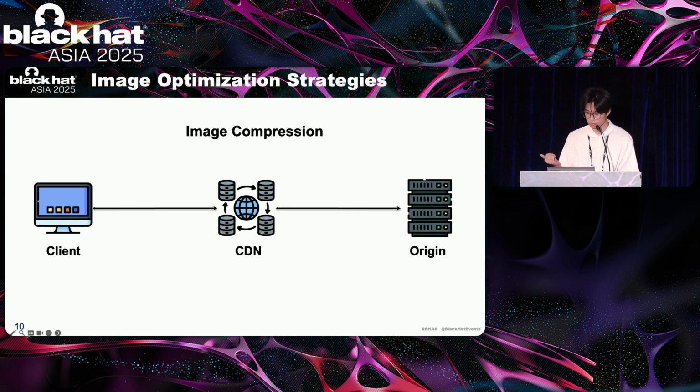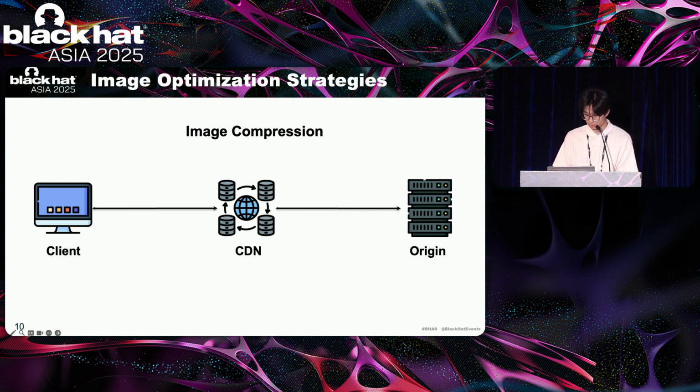The first is image compression. In this approach, the CDN compresses the image based on the client's requirement, significantly reducing the bandwidth needed for delivery while maintaining acceptable visual quality.